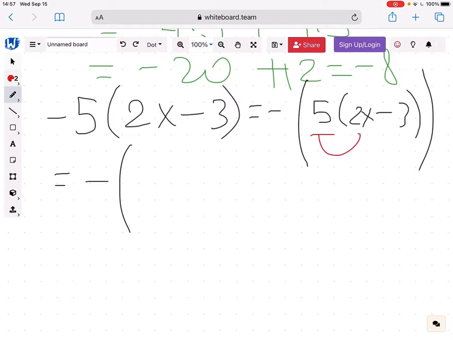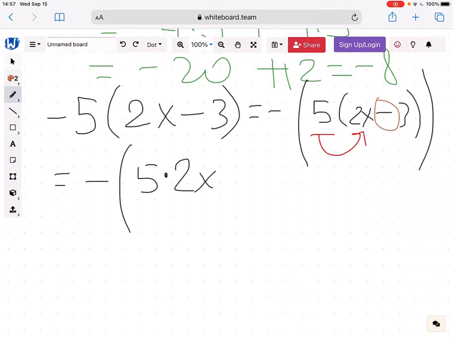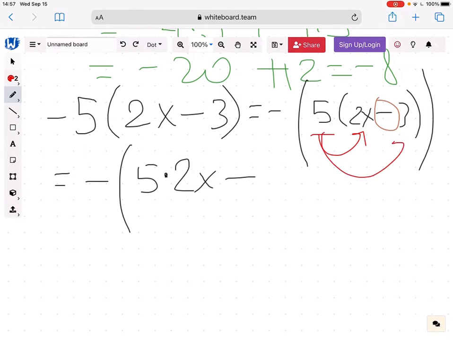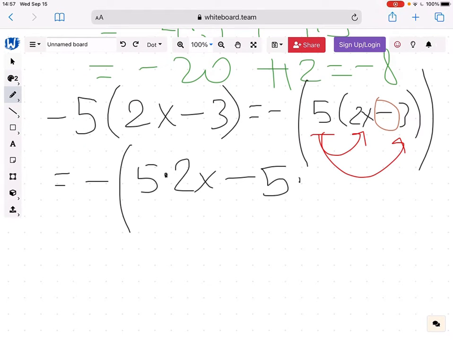we do 5 multiplied by 2x, which gives me 5 times 2x. Then you have a minus sign sitting here, so we put minus. And then we have 5 times 3, and that's what we put here, okay.